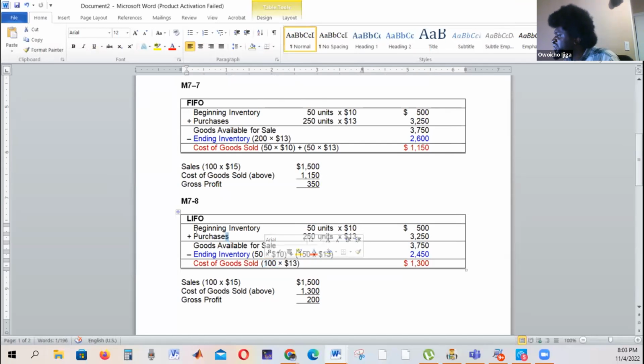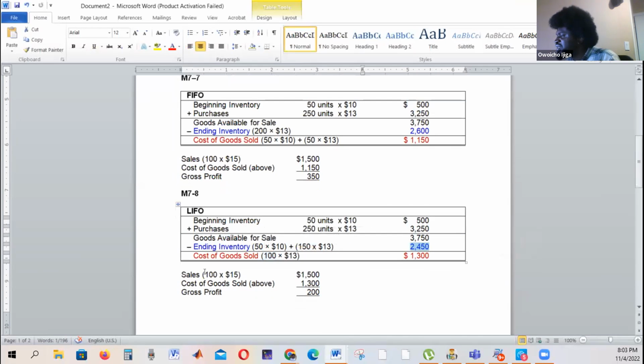The last in is the purchases. So we sell 100 from the purchase at this rate. It gives us the cost of goods sold. And when we subtract that from the goods available for sale, it gives us the ending inventory of 2,450. And the sales remains the same.